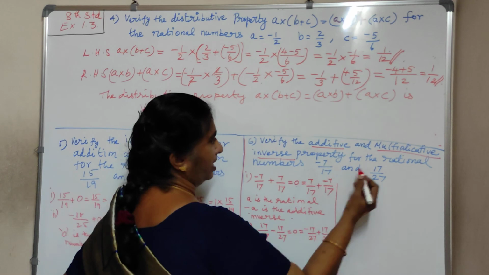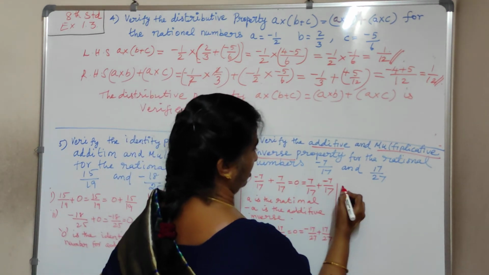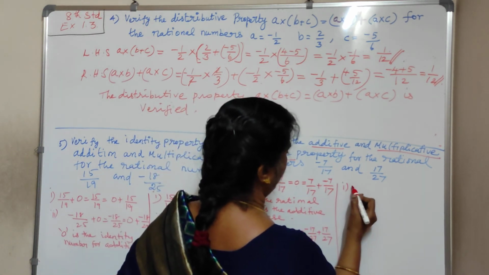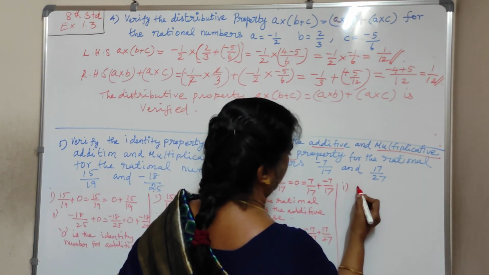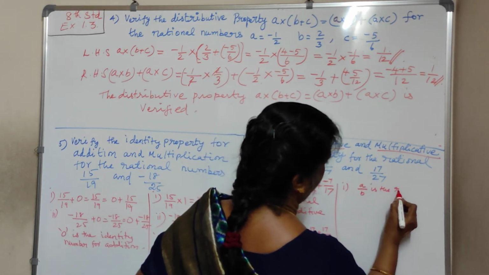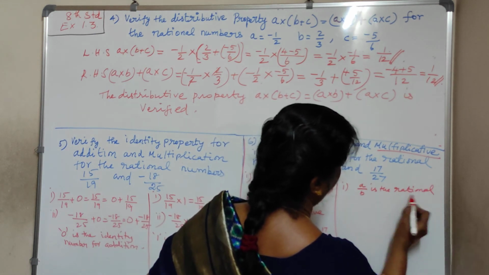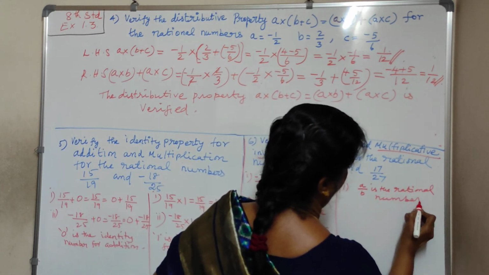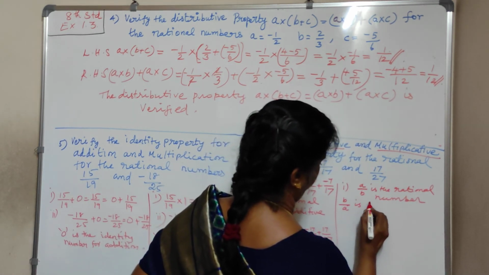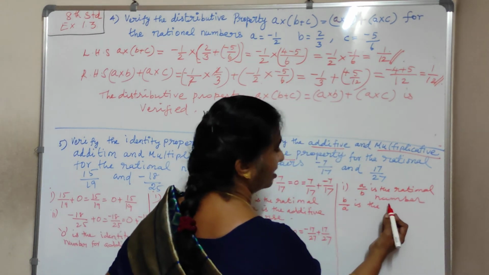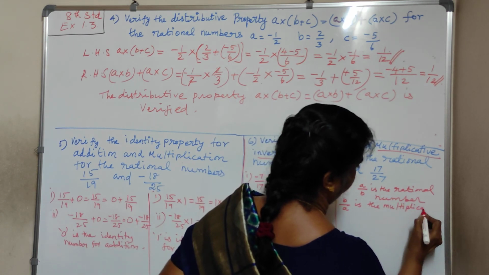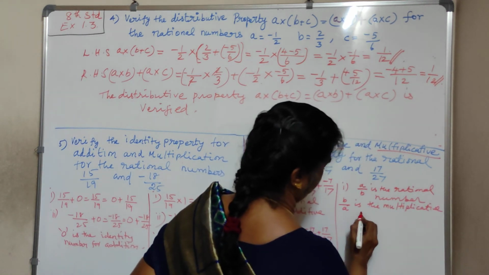For this one, for multiplicative inverse, we have to get the answer 1. So you multiply, that means for, let us consider A by B is the rational number. Then B by A is the multiplicative inverse.